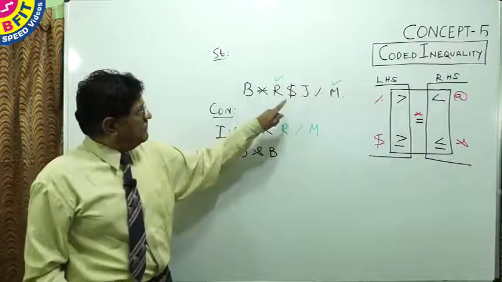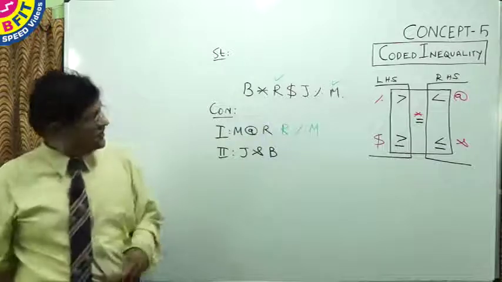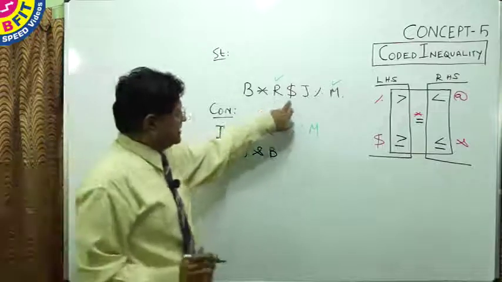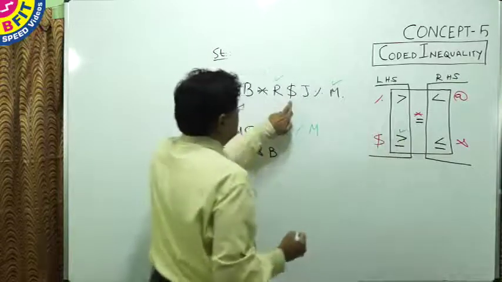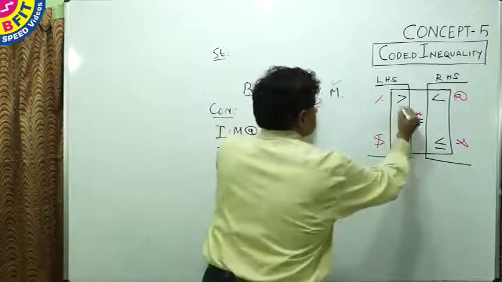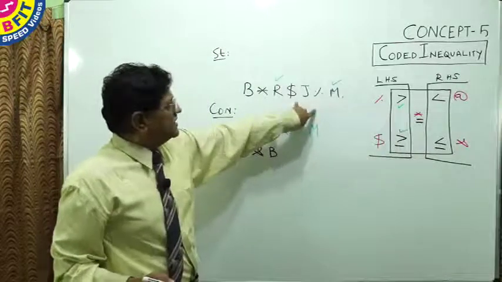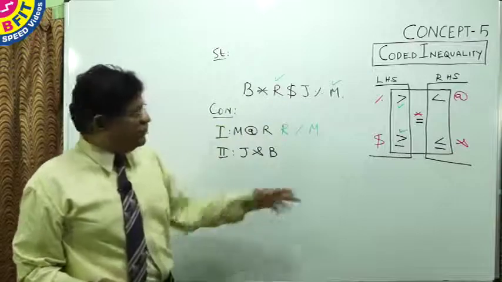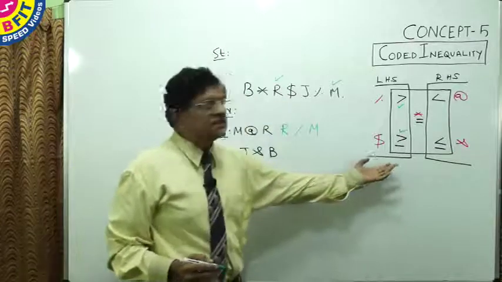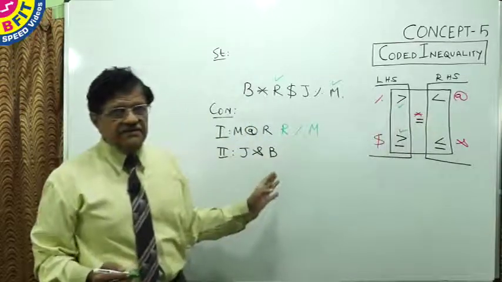Now, between the elements R and M, what are the symbols? The symbols are dollar. Where is dollar? This is dollar. Then percentage. This is percentage. So these two symbols are there in between the elements R and M. Now if you look carefully in the magic box, we are not crossing from left hand side to right hand side.